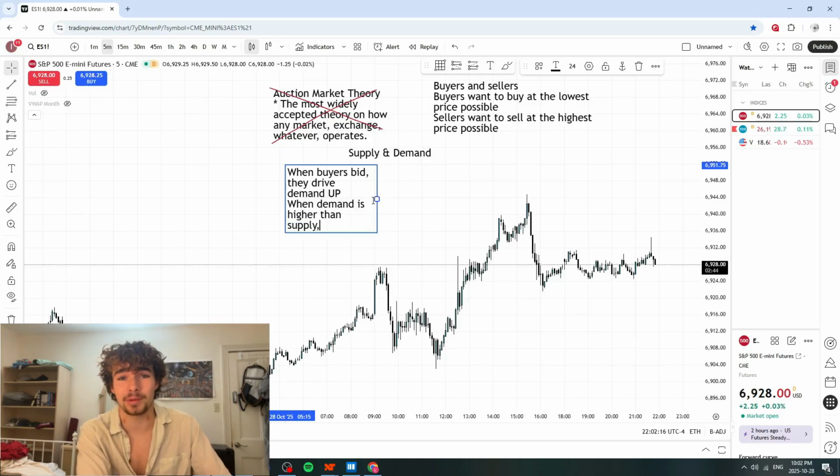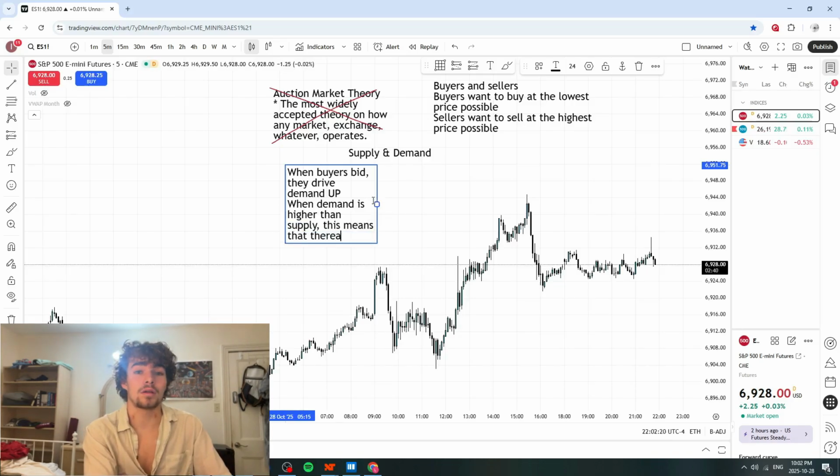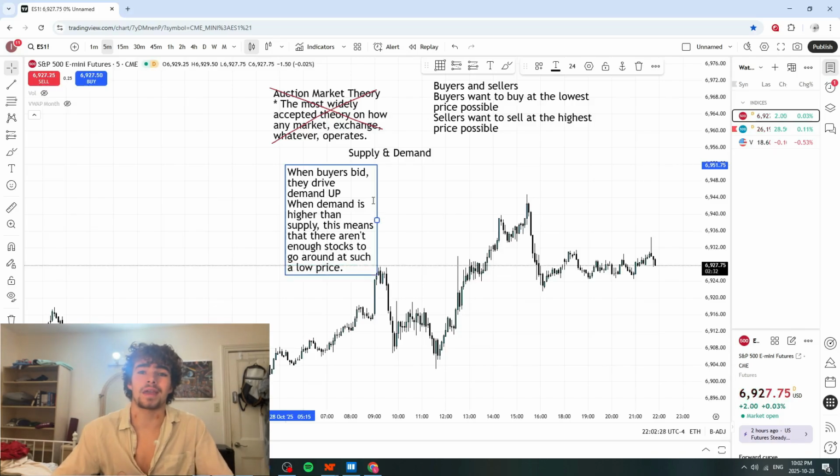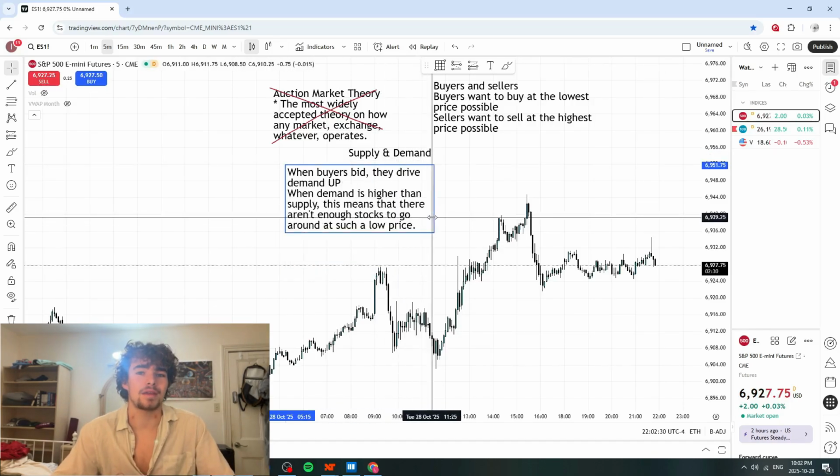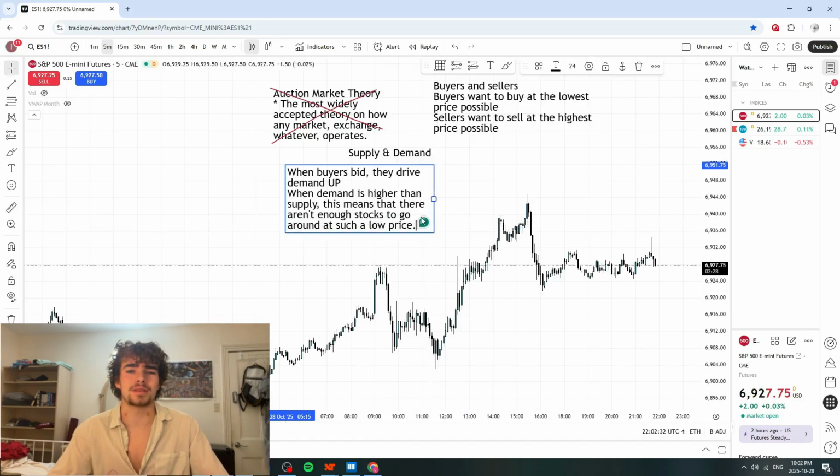When demand is higher than supply, though, this means that there aren't enough stocks to go around at such a low price. And obviously, there aren't going to be any stocks lower than that because they would have been bought up already if people are buying higher.